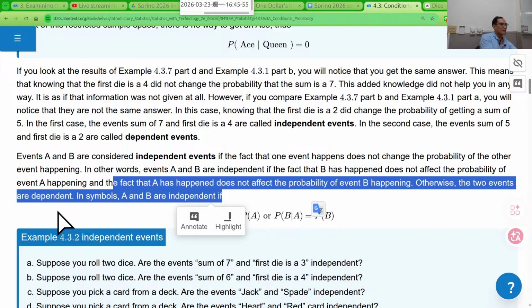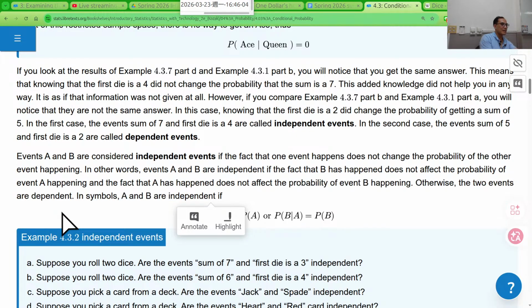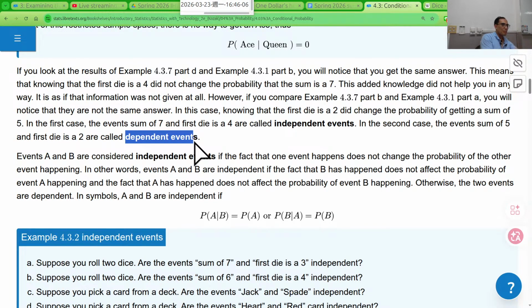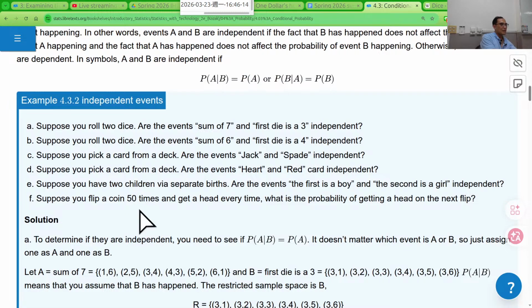Otherwise, the two events are dependent. If one happens and changes the second event, that is called dependent. But if they do not affect each other, we call them independent events. Okay, then let's check the example. Suppose you roll 2 dice.